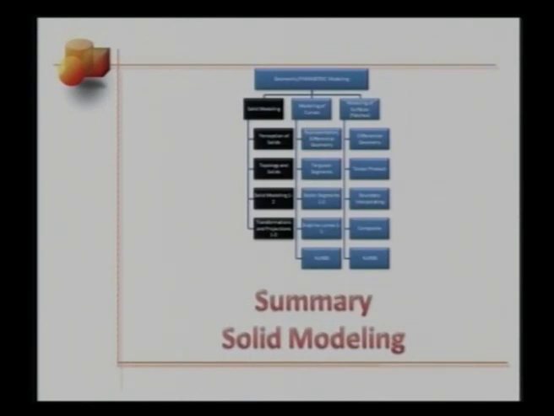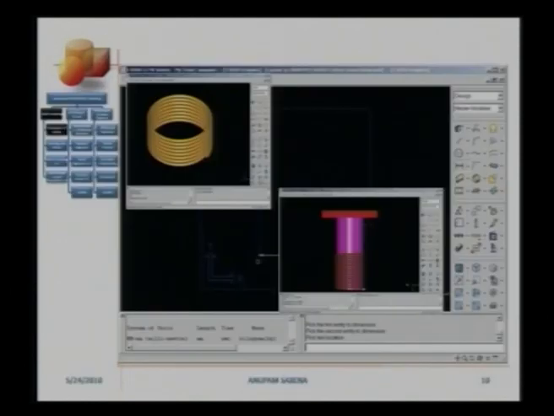Now, let me summarize the solid modeling techniques that we had studied in this course. That is the first column in our layout, shaded in black. I started off with designing two very simple components, a spring and a bolt, using an existing solid modeler. I will not name it.